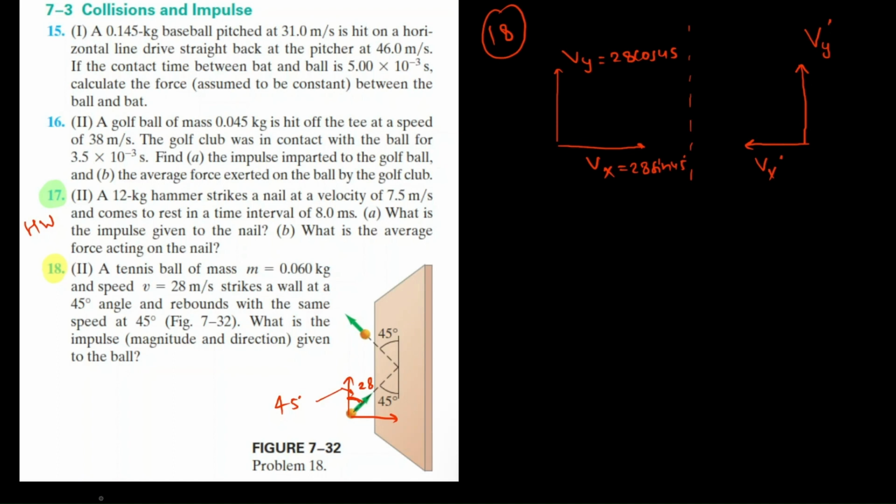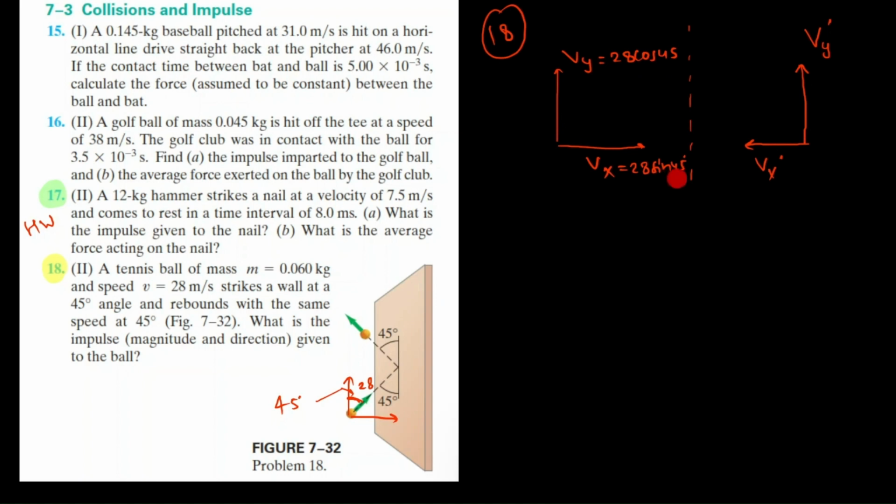Yeah, we use the 28. But isn't it mg cos and mg sin? We are not talking about force, we are talking about components of the velocity. The magnitude is 28, and along the angle is the cosine component. So cosine 45 and then sine 45. As simple as that.